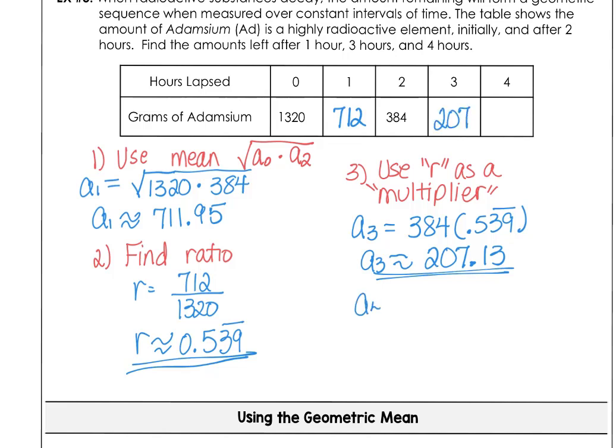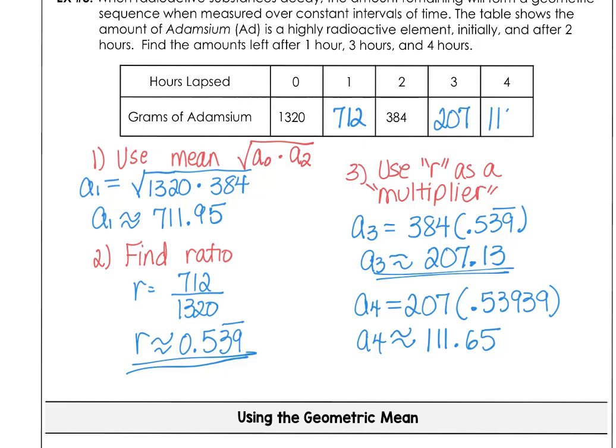And then for the fourth term, we'll use the 207 grams from the third, and our multiplier 0.53939, and that'll tell us that we have about 112 grams remaining after 4 hours.